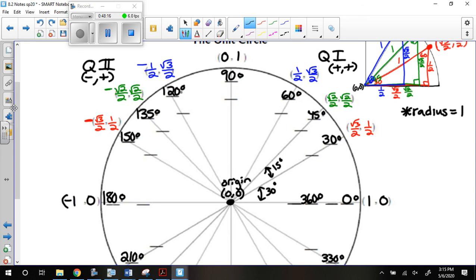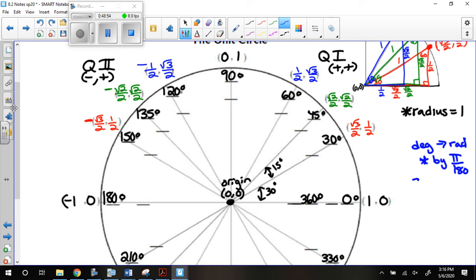Now we're going to make our radian measures all the way around. So I'm going to point something out to you after I remind you that you can change all of these degrees to radians with our formula that we talked about in our 8.1 notes. Remember that to go from degrees to radians, you multiply by pi over 180, and then you just reduce it.